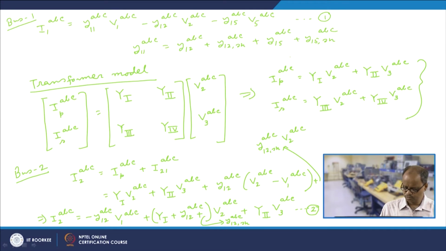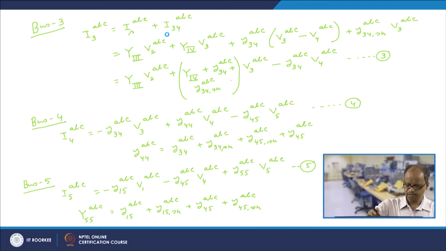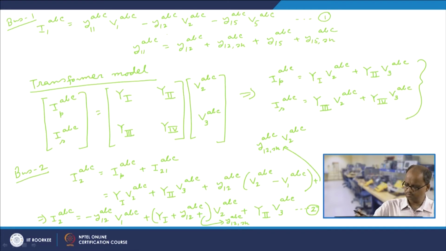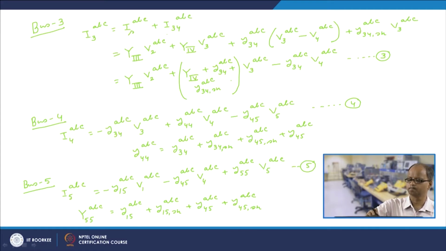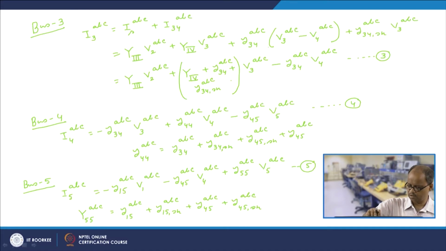Then bus 2: minus y12 ABC V1 ABC, and then y3 V3 ABC. This is y3. Then all are 0, it is not there in this equation.